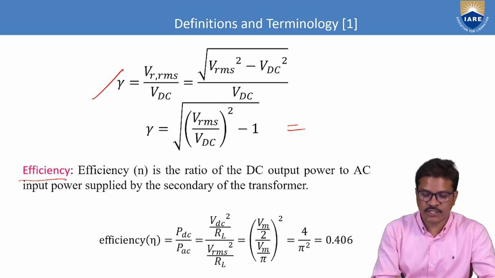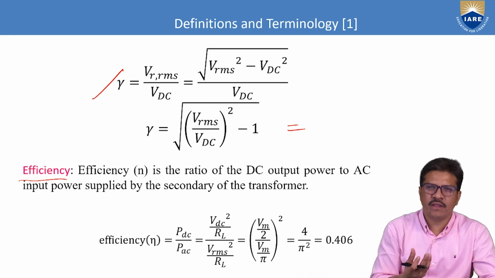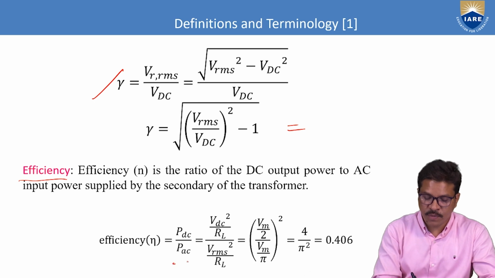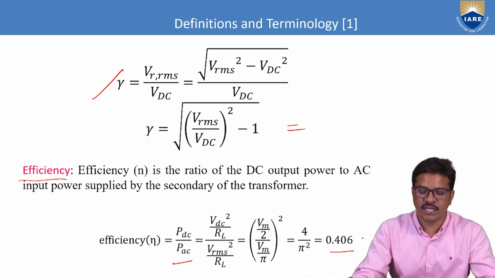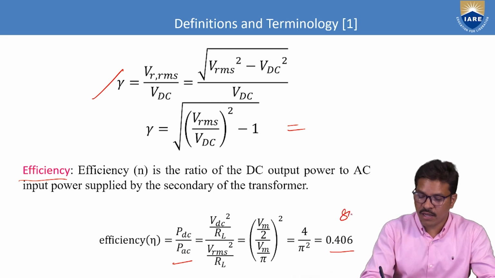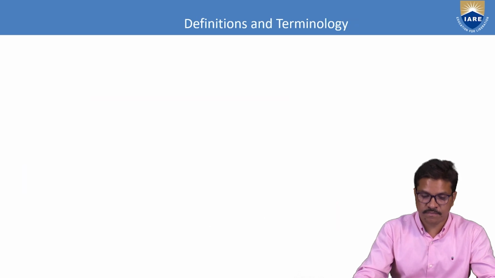Efficiency is the ratio of DC output power to AC input power, that is, how much AC is given and how much DC we get from the rectifier. P DC by P AC gives 0.406 efficiency in a half wave rectifier and 80% efficiency in a full wave rectifier.